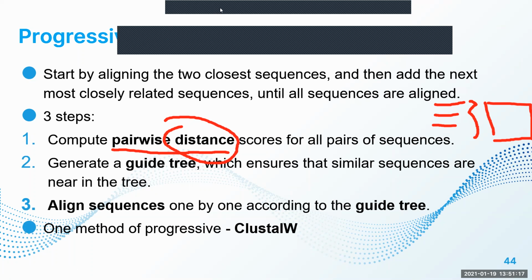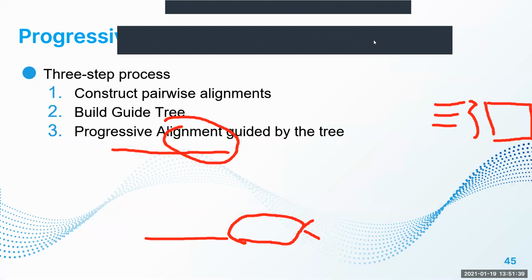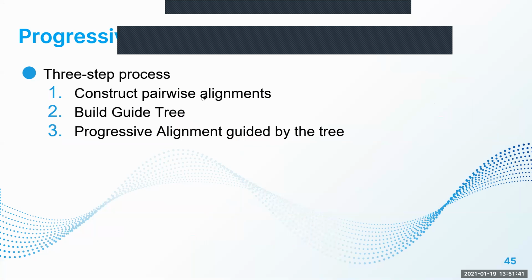So ClustalW is one mechanism of progressive alignment, right? It has a progressive approach, but it owns several mechanisms. First, you have to construct the pairwise alignment.